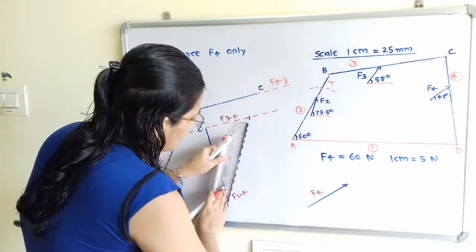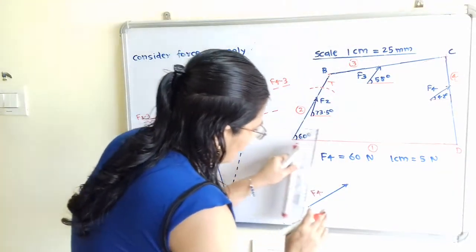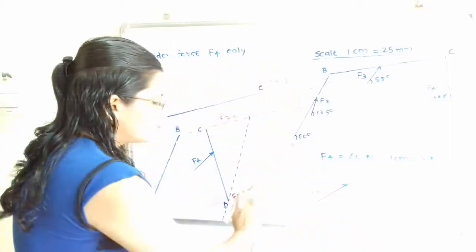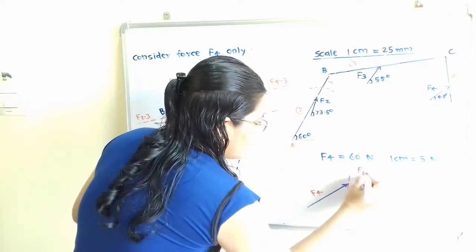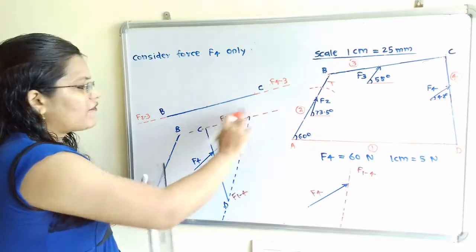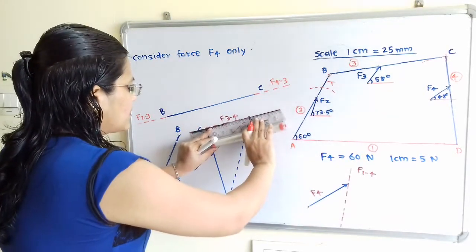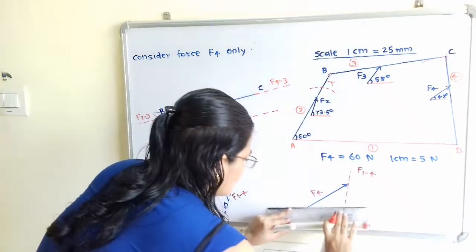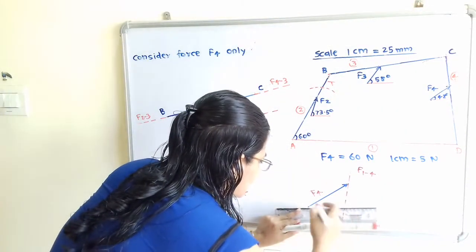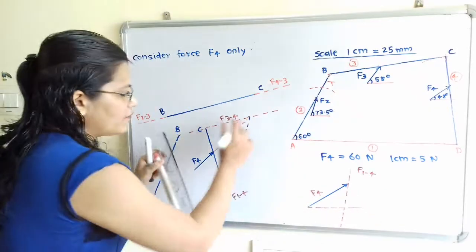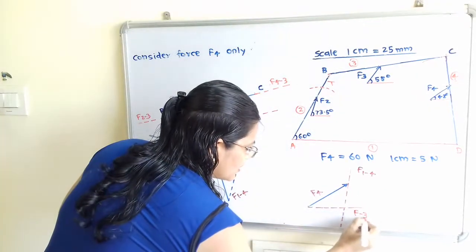So I will draw here at the head this F of 1 to 4, and I will mention here F of 1 to 4. Next is F of 3 to 4. We have to transfer this F of 3 to 4 to this F4. So this is the line of action of force F of 3 to 4, and we have to mention this.